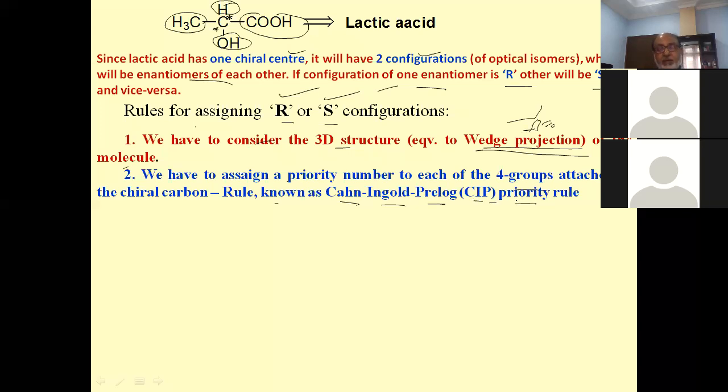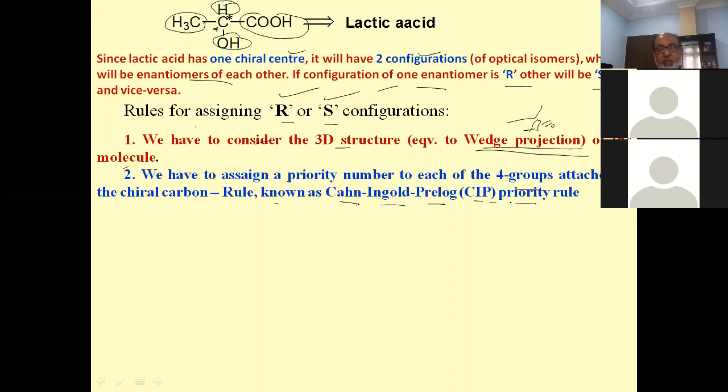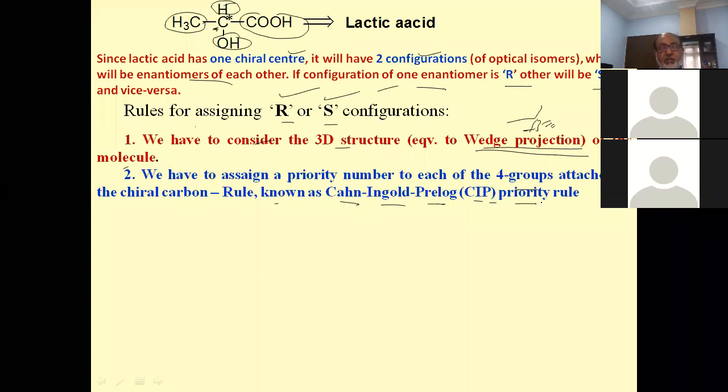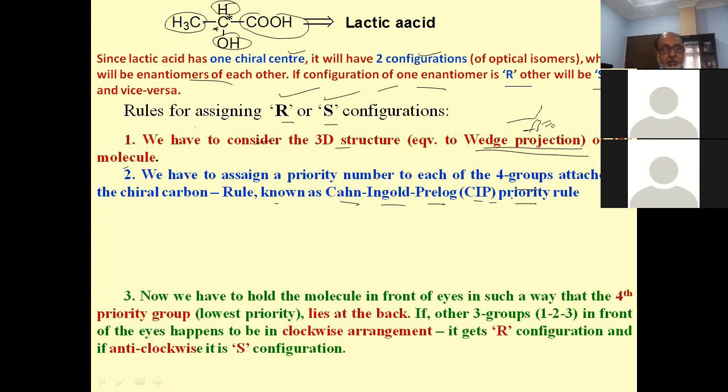Now, I am not elaborating on this one. You have to read from different sources, books and other things, and there are different rules. Rules start with a simple one, but as the molecule gets complicated, you have to use those complicated rule systems. So I am not discussing those rules here. It is your responsibility to know all the rules.